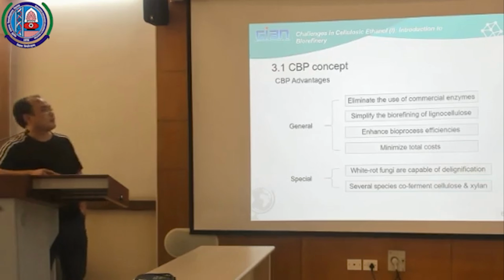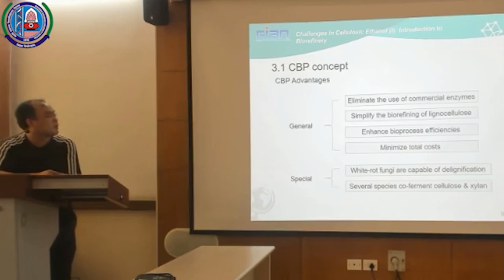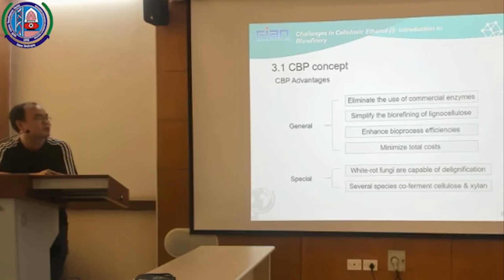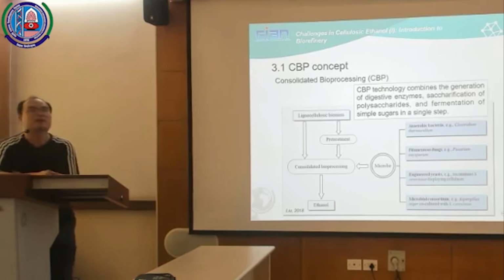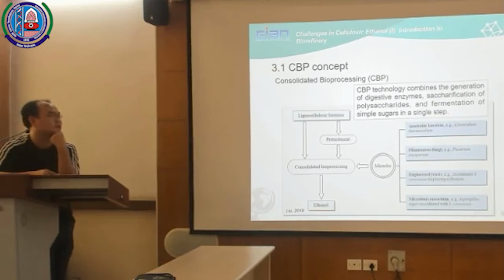And the CBP process offers more advantages. First, it eliminates the use of commercial enzymes. We do not add enzymes, but in fact, in practice, most researchers still have to supplement the system with beta-glucosidase, because microbes like Aspergillus niger, maybe Trichoderma, sometimes do not have sufficient activities of beta-glucosidase.